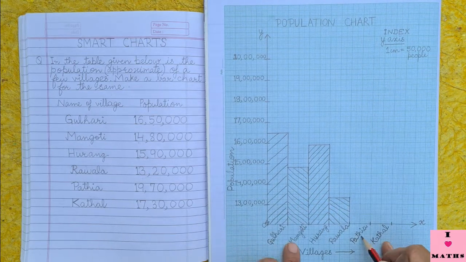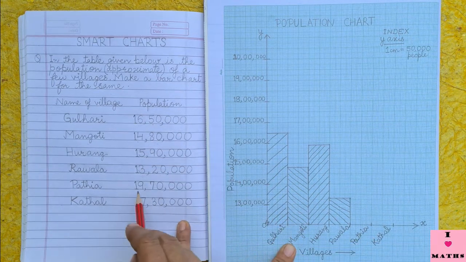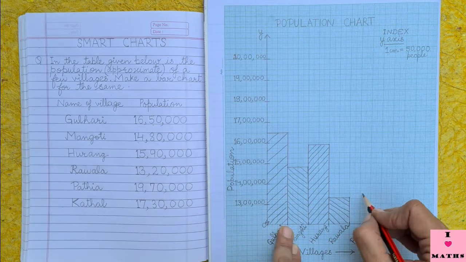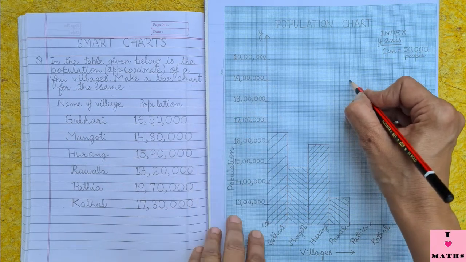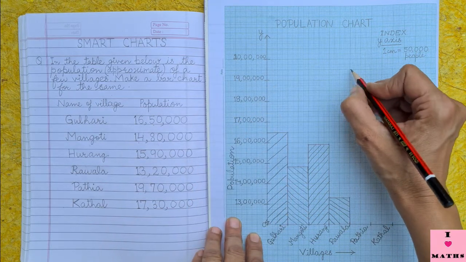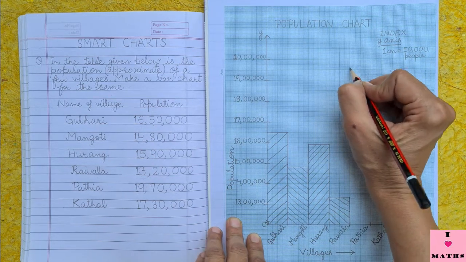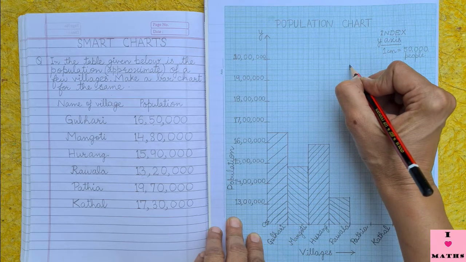Right. Now this is Pathia. Now Pathia is 19 lakh 70,000 population. So we'll straight go up. This is 19 lakh. This is 19 lakh 50,000. This is 19 lakh 60,000. This is 19 lakh 70,000.